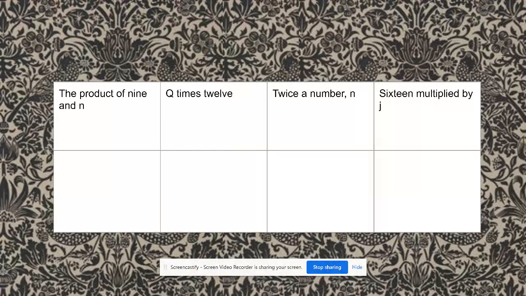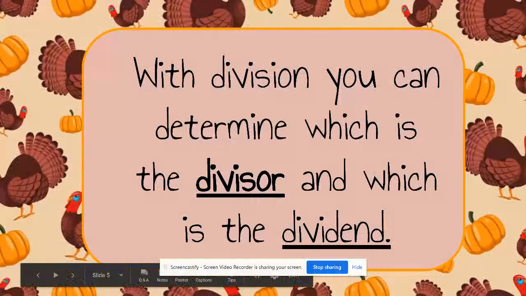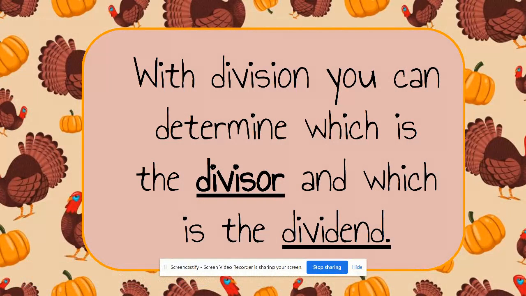All right. So then we move on. So you work with multiplication, so your question should be about division next. And with division, we have to determine which one's the divisor and which one's the dividend. So I want you to make a note on your paper.